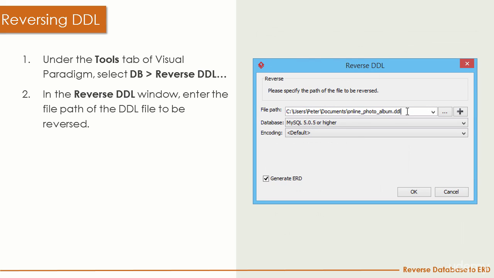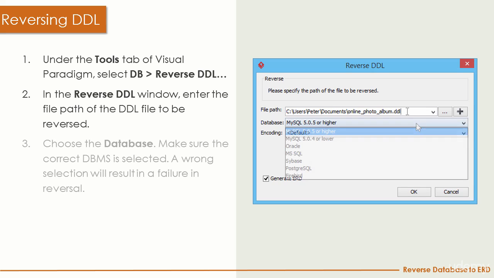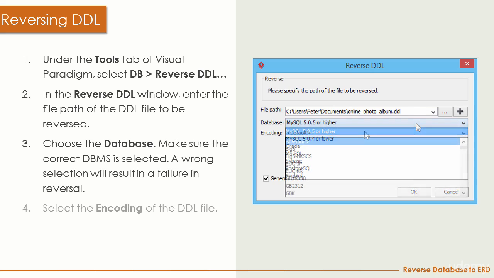In the Reverse DDL dialog box, you select the DDL file and tell us what kind of database you are reversing. It is important, even though we don't connect to your database, because we need to know the data types you are referring to. So you need to specify the database and then select the encoding.